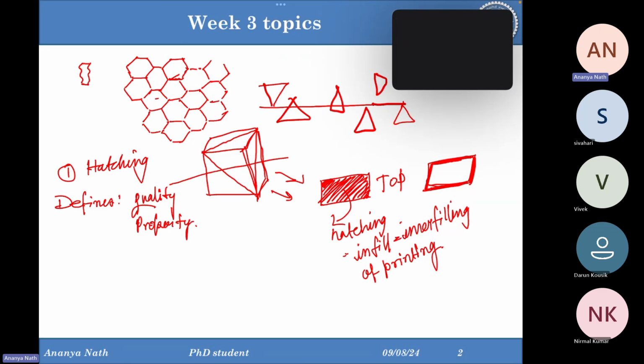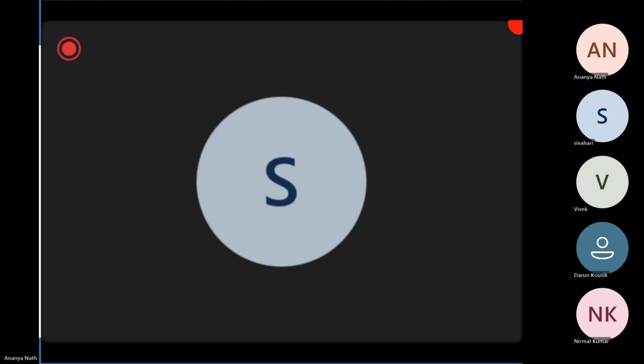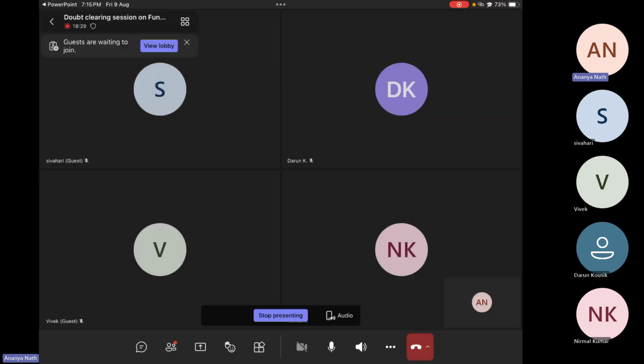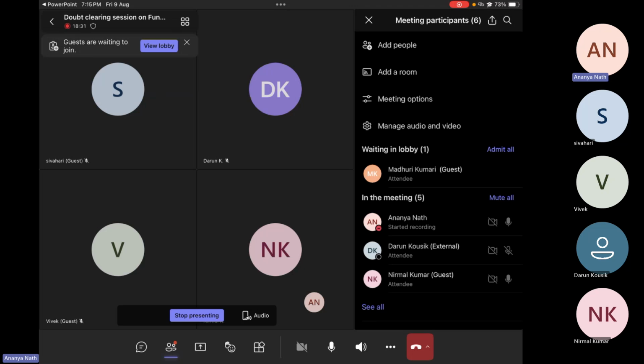Property means I'm talking about the mechanical, metallographic properties. The accuracy, like quality means accuracy as well. Material, how much material to be used. In fact, hatching can vary the strength to weight ratio as well. And right back, I have discussed what a strength to weight ratio is.